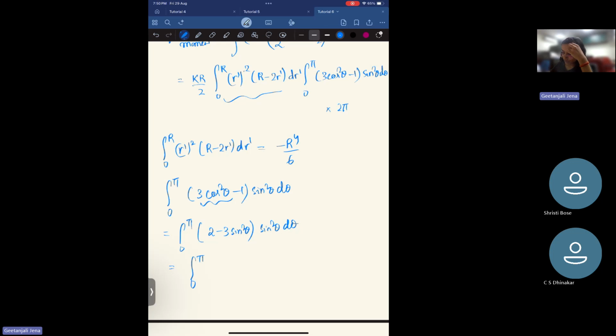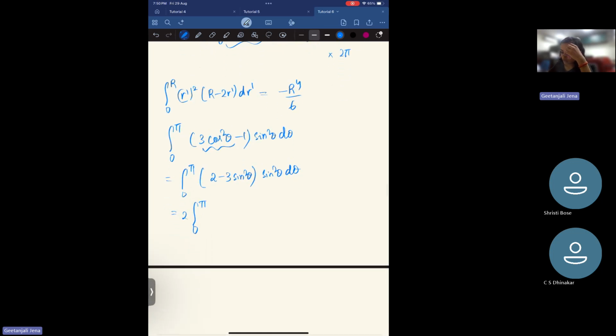It will take some time because there are 2 terms, so you need to find the integration carefully: 2 sin square theta minus 3 sin 4 theta d theta. Your next step is to express sin square theta in terms of 1 minus cos 2 theta, so it will be (1 minus cos 2 theta) square.